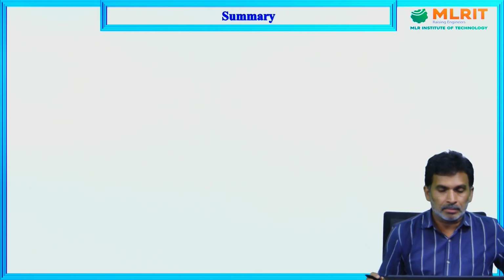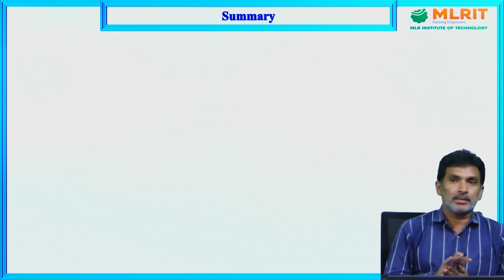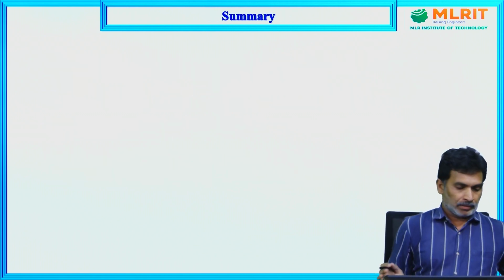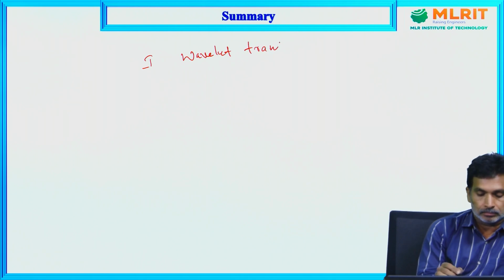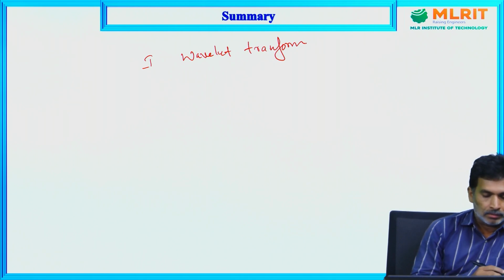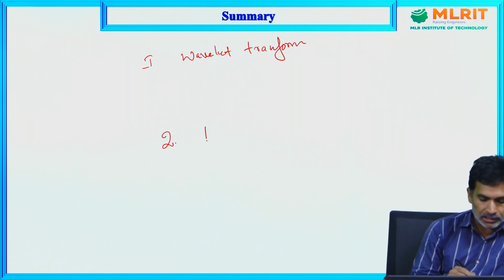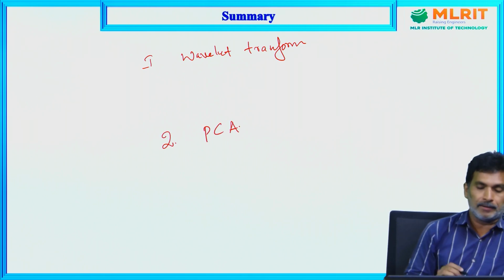So let us summarize what we have discussed in this lecture. In this lecture, we mainly discussed two data reduction strategies. One is the wavelet transform, and the second one is principal component analysis, PCA.